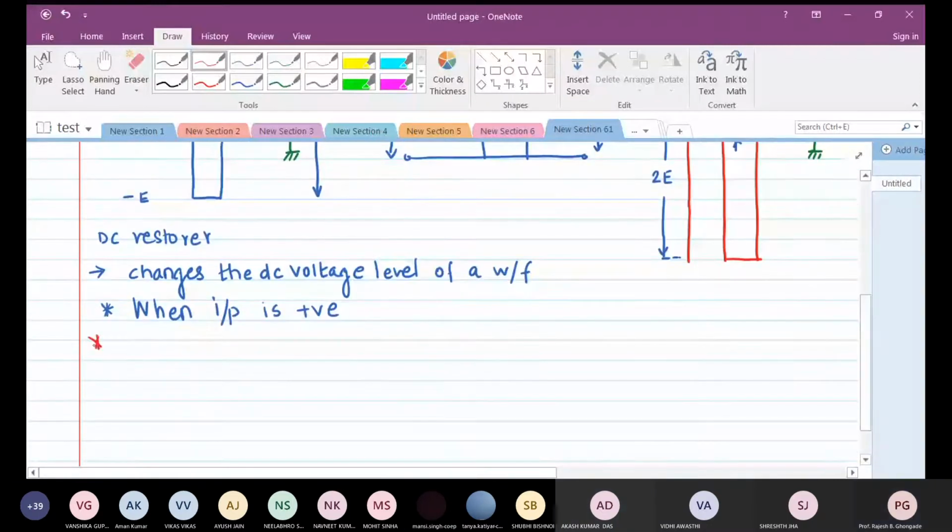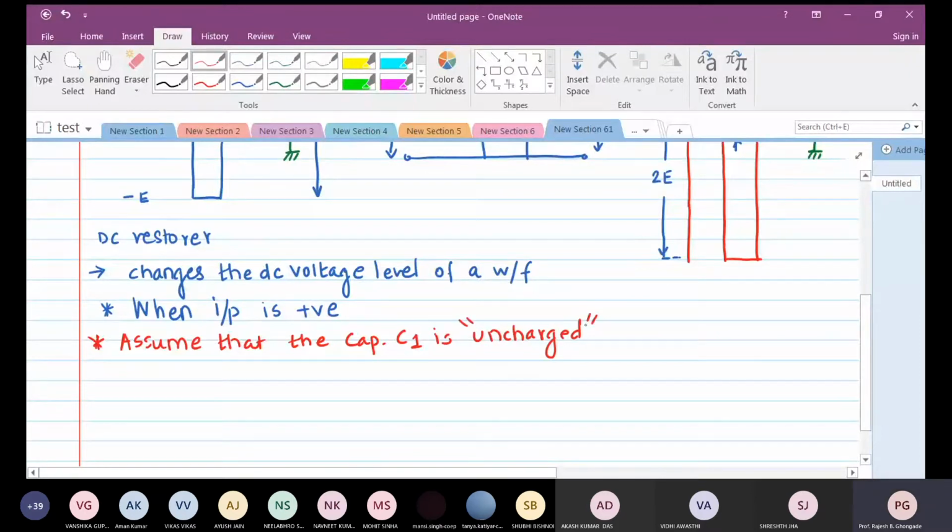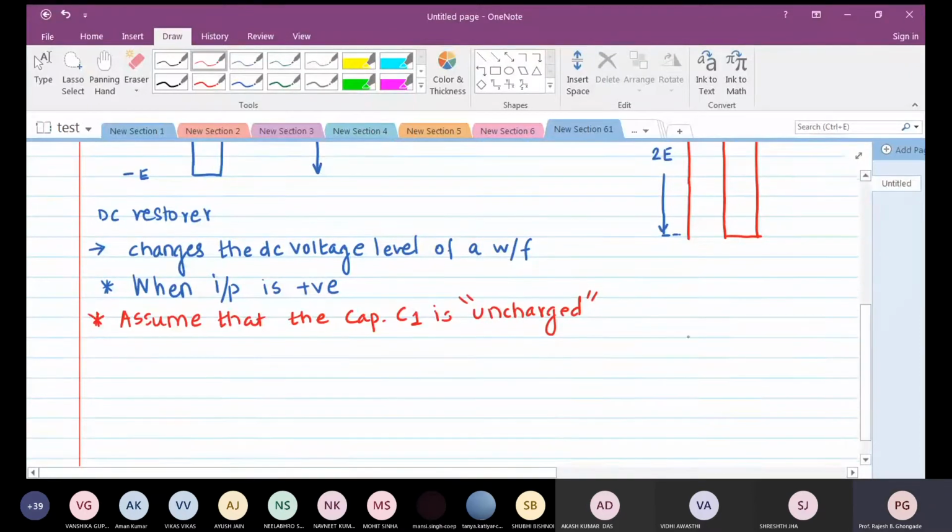This is the concept. Whenever the capacitor is connected the very first time, we assume that the capacitor C1 is uncharged, and this uncharged capacitor, till it gets charged, acts as a short circuit.